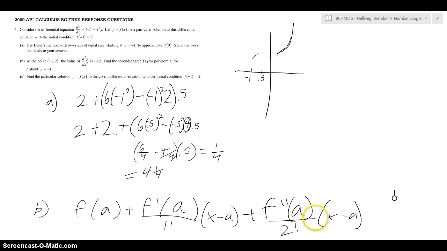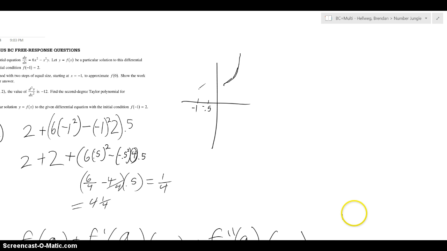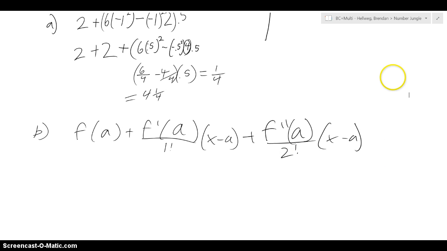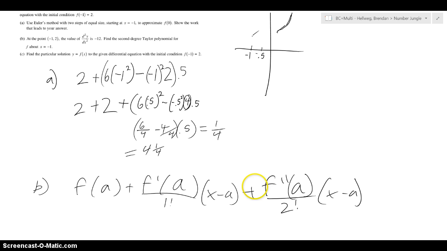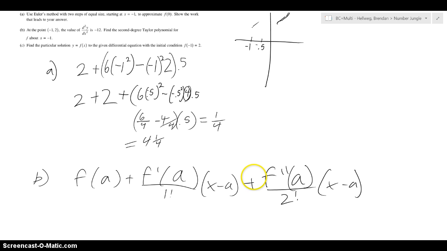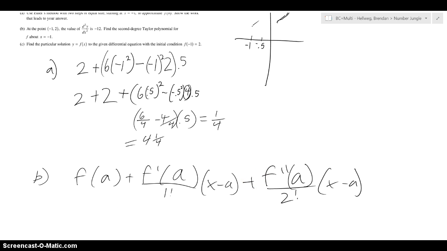And so in this case, we know that f of a at x equals minus 1 is going to be 2, so we can put that in: 2 plus f prime of a.